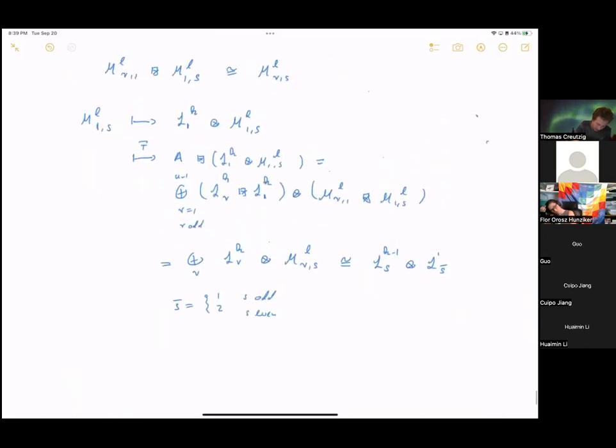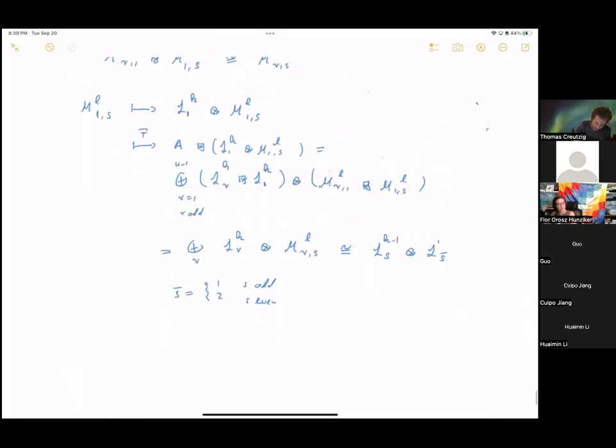Right? And why is this so helpful? Because every map here is a tensor functor. Of course, mapping M to the tensor identity times M, that's a tensor functor, right? So it's just the embedding of the Virasoro category inside the SL2 times Virasoro category. And then this F is a tensor functor as well. So the composition is a tensor functor.